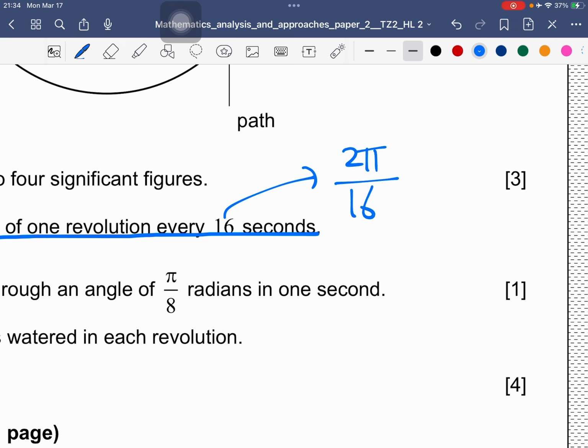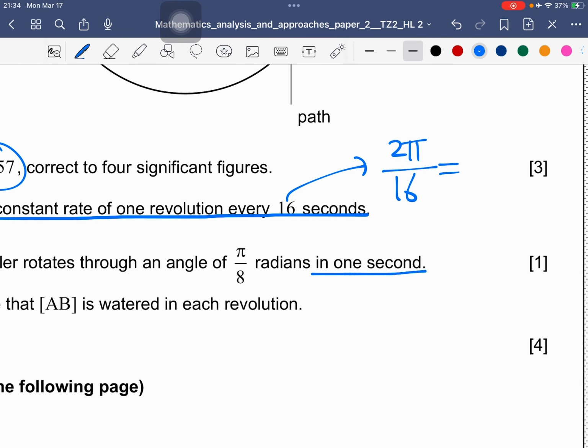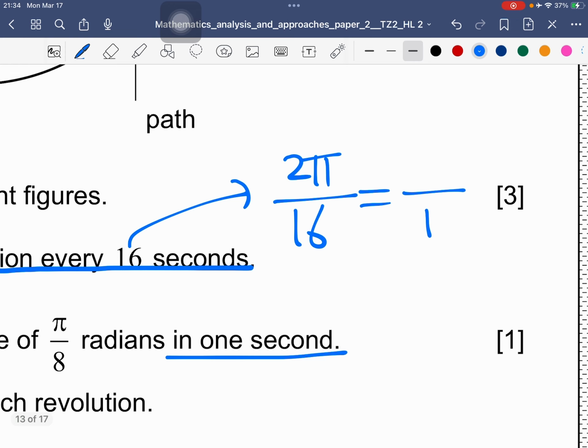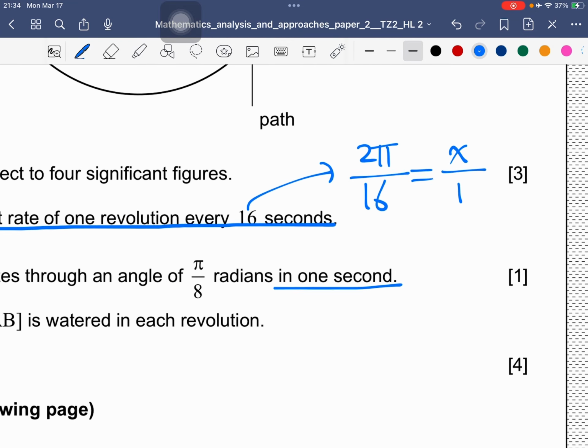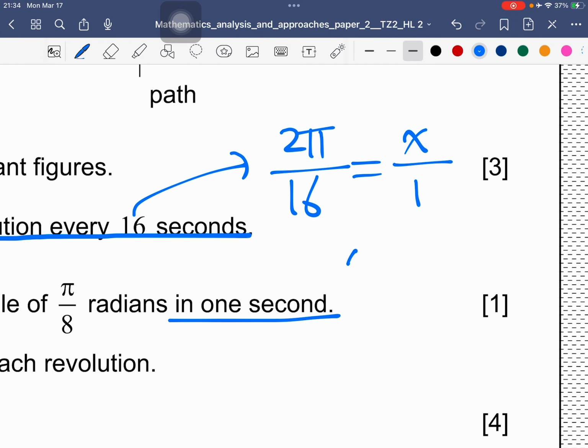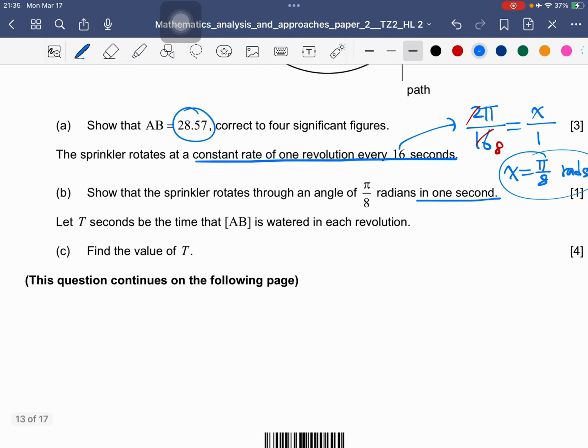So in 1 second, it's going to be x. This cancels out, this becomes 8. So we can say pi over 8 radians per second. So that's true.